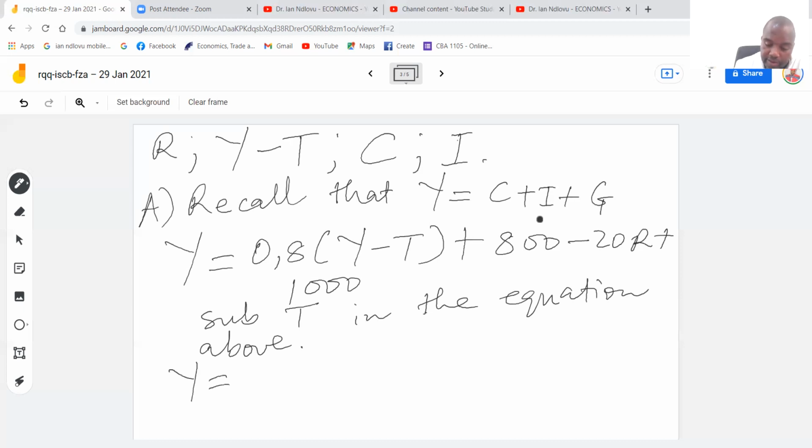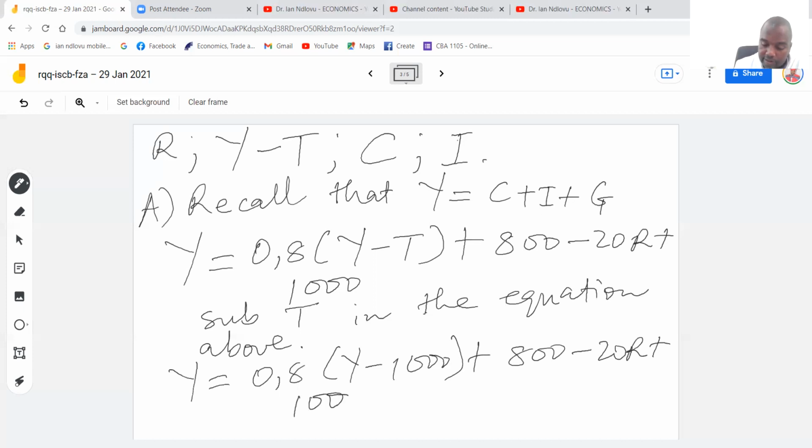get Y is equal to 0.8 of (Y minus 1000) plus 800 minus 20R plus 1000.